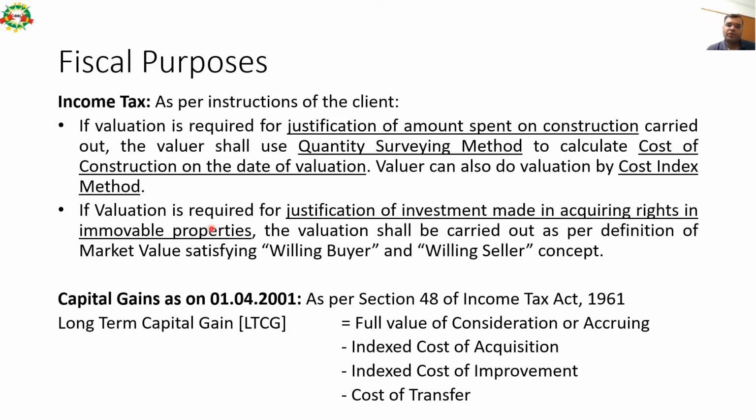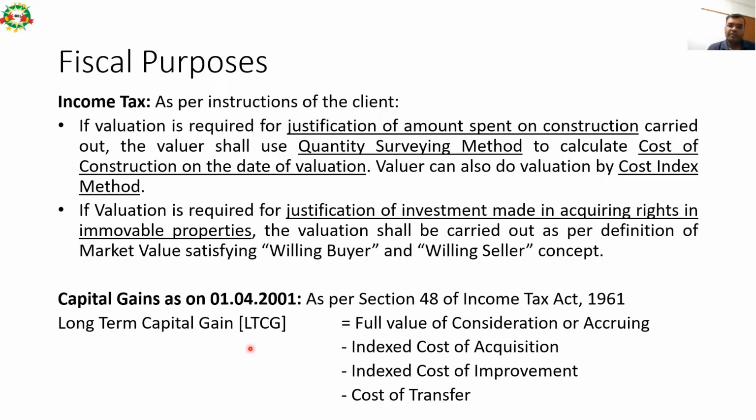If valuation is required for justification of investment made in acquiring rights in immovable property, the valuation shall be carried out as per definition of market value, satisfying willing buyer and willing seller concept. This concept we discussed in our first session, the concept of fair market value. So capital gain as on 1st April 2001 as per section 48 of Income Tax Act 1961.